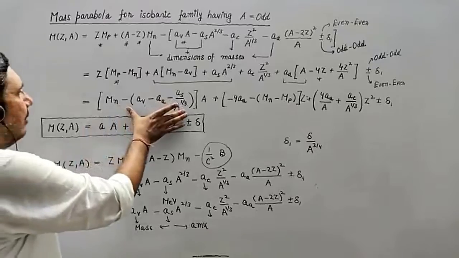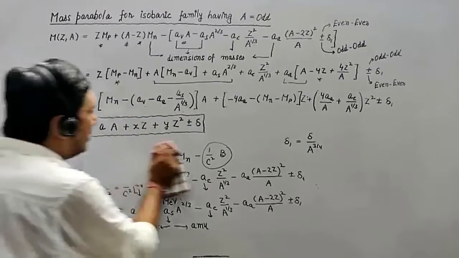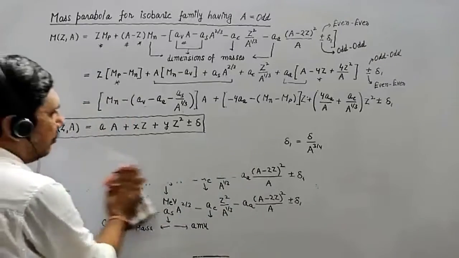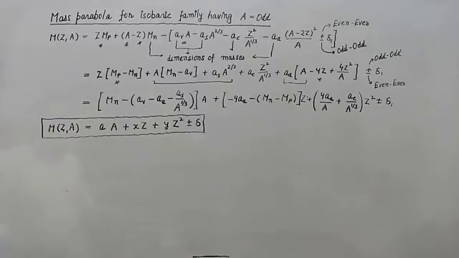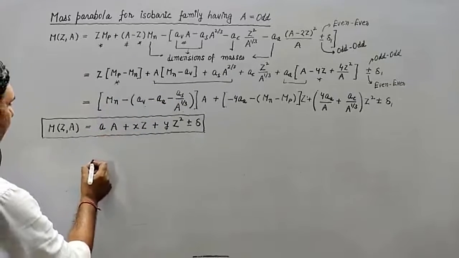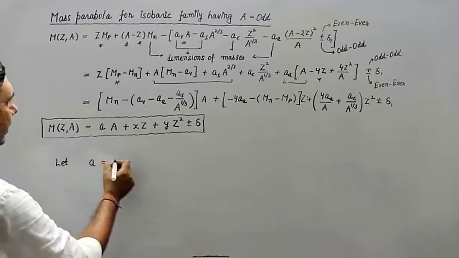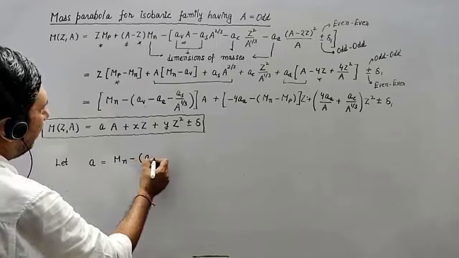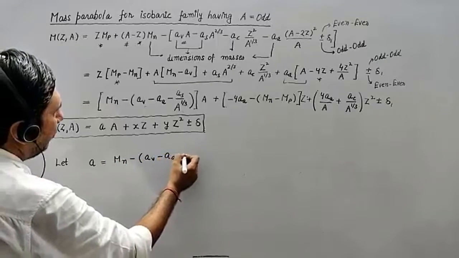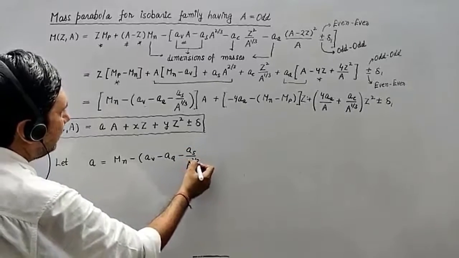Now, this first bracket term I represent by small a. Suppose I assume that this first bracket is equal to a, where a is equal to Mn minus Av minus Aa minus As upon A to the power 1 by 3.